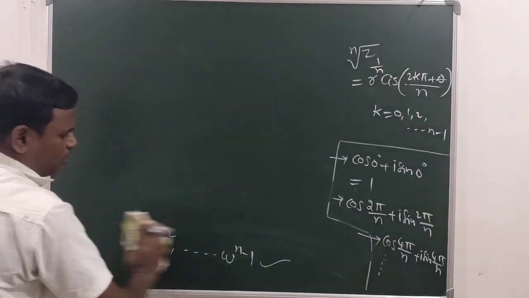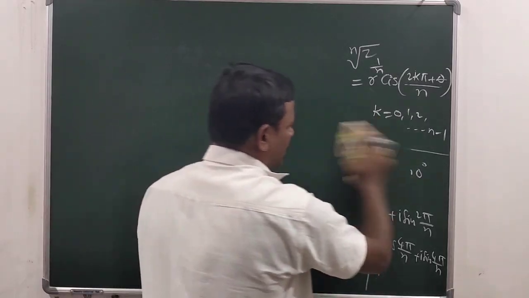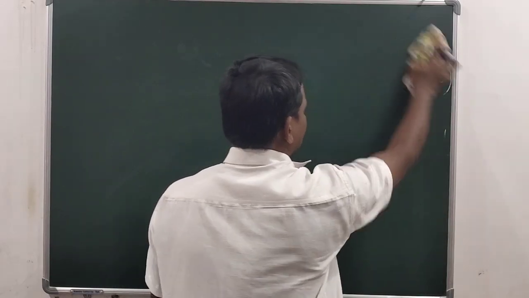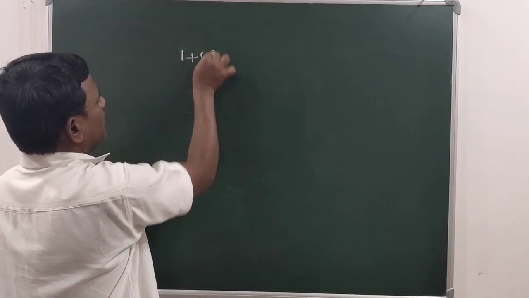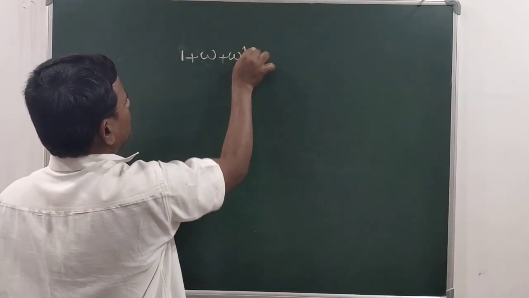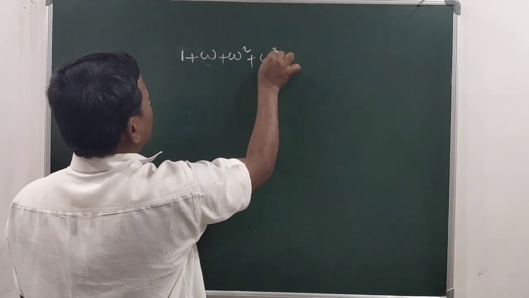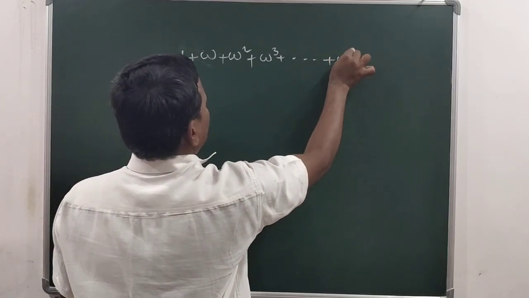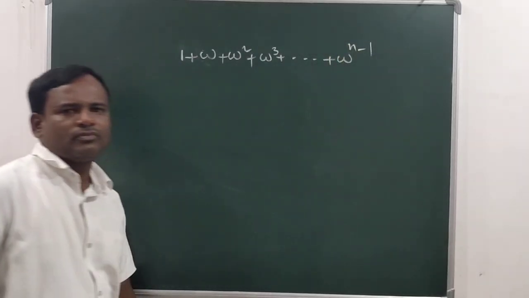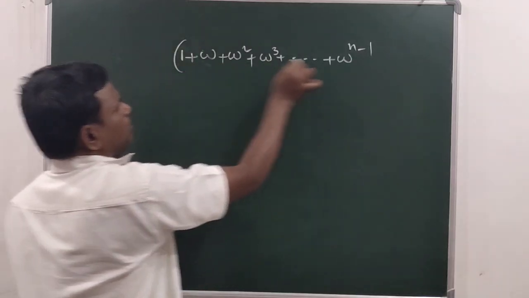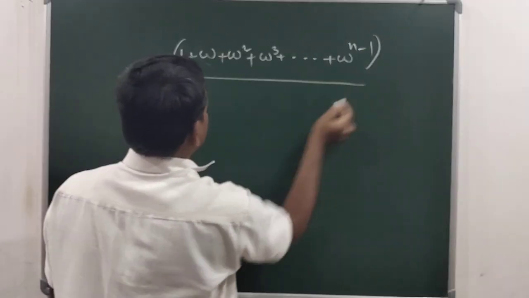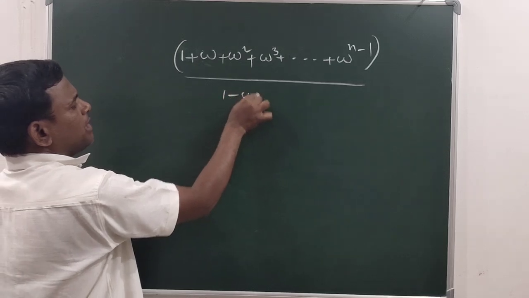Suppose if you would like to get their sum, you can. So find the sum of roots of nth root of unity, which means that you would have to find 1 plus omega, omega square, omega cube and so on, omega power n minus 1. Now how do you find whose sum? Multiply numerator and denominator with 1 minus omega.